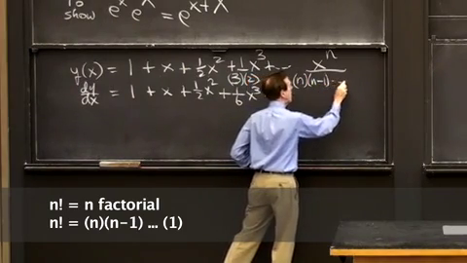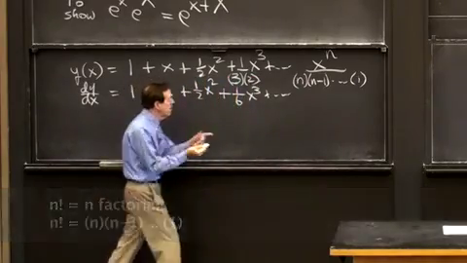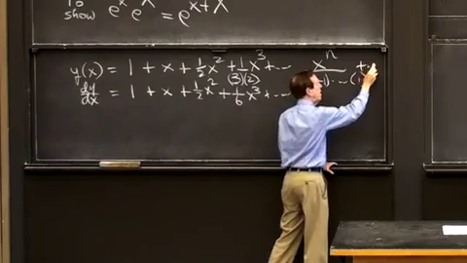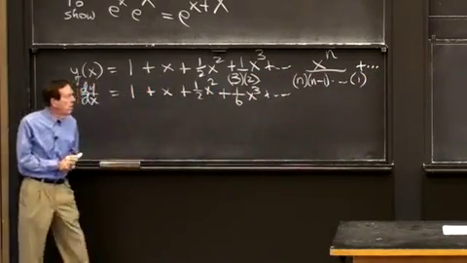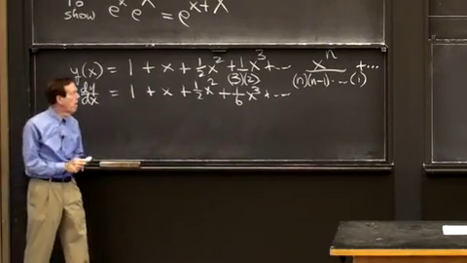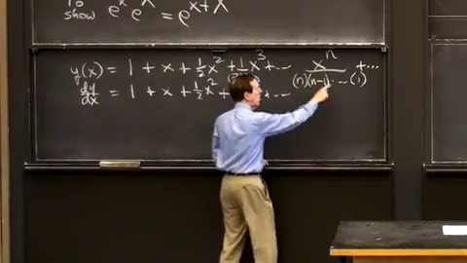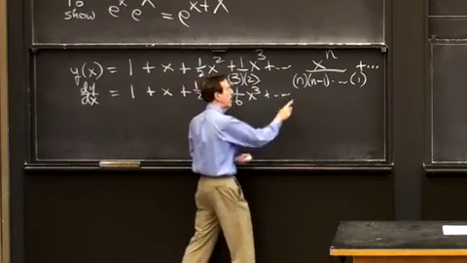I need all these numbers all the way, and I'll throw in the 1 at the end. And I have to put the mathematicians' take it away symbol, the little 3 dots that mean don't stop, keep going. But do you see that this will be okay? This is called n factorial, x to the nth over n factorial.